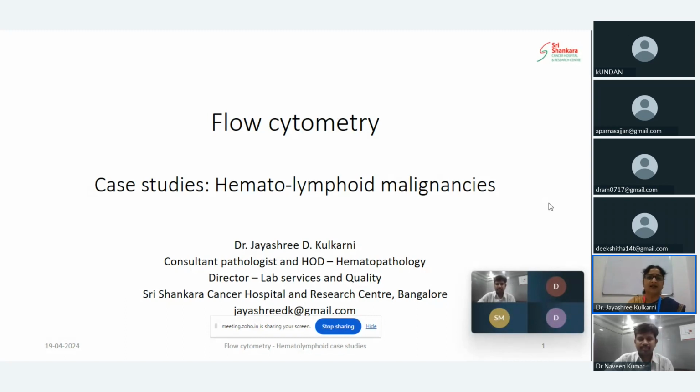It's a wide topic, so I have chosen a little bit of basics, little bit of principles, how to interpret, and few cases, just to get an overall view of how we do flow cytometry in hematolymphoid malignancies in a cancer hospital.